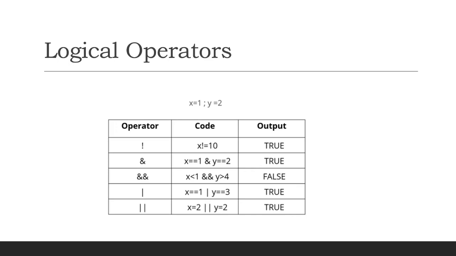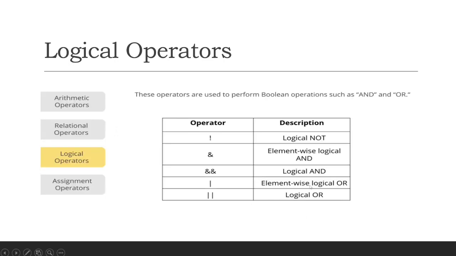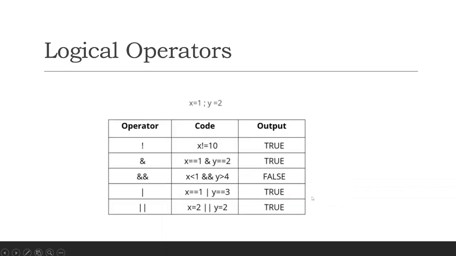Then the logical and operator, x is less than y. As you know, logical and and logical or are different. How? In logical or, if the first expression, as you can see here, x is equal to 2, if it returns true, the second statement after or will not get evaluated, because true in any case will give us true.